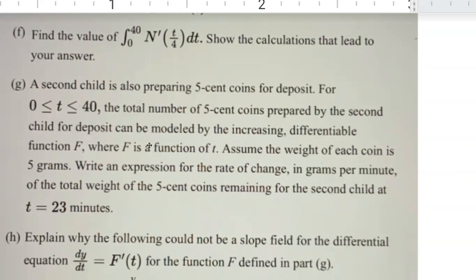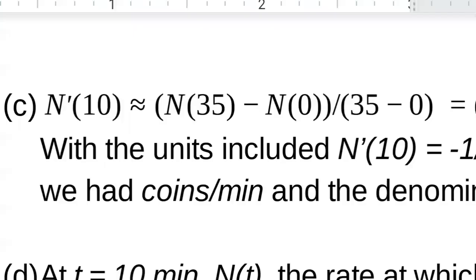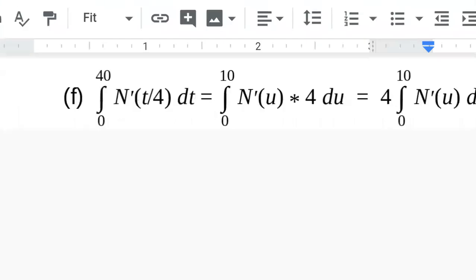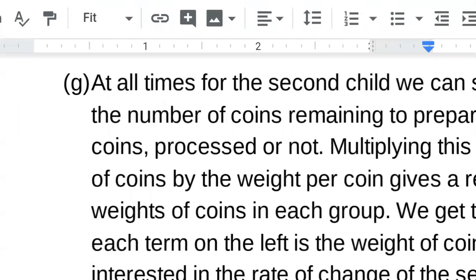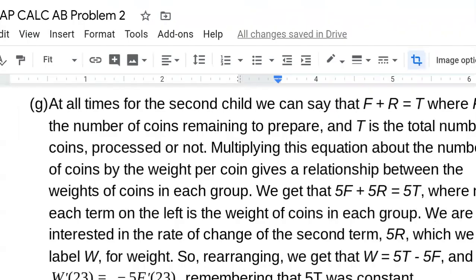So, similar situation as to the first child. We're only now looking at the weight of the coins. I think my explanation down here will be helpful. So I'll go along with it. We can see all of it right there.